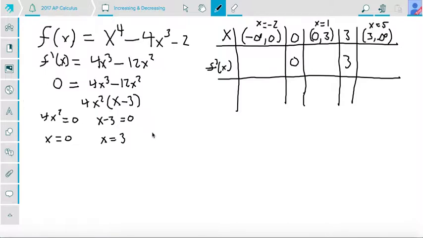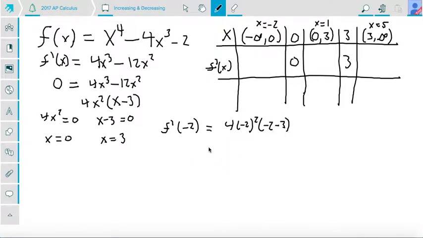And now to test to see if it's a positive or negative value, which will tell if throughout this interval it is increasing or decreasing, we will plug these x values, negative 2, 1, and 5, into our derivative. So f prime at negative 2 will give us 4 times negative 2 squared, and then negative 2 minus 3.